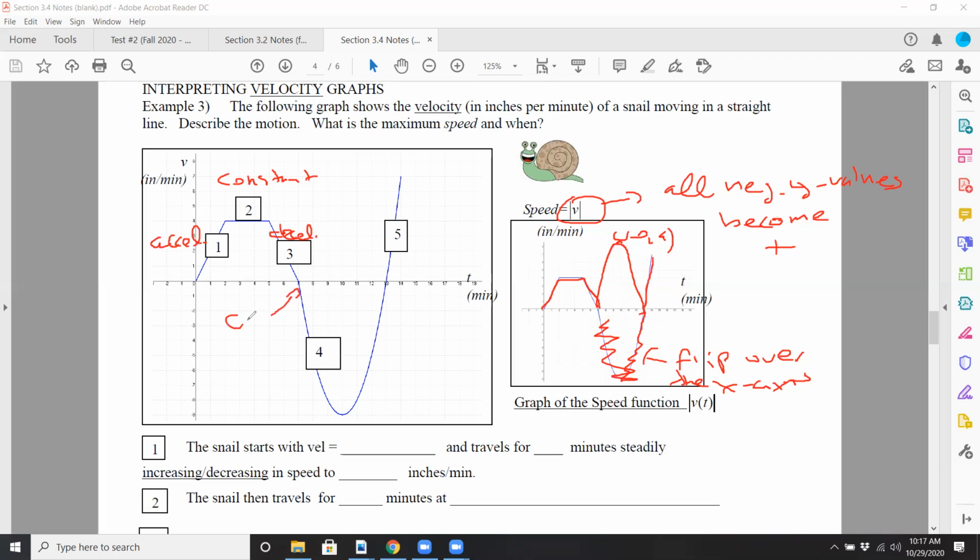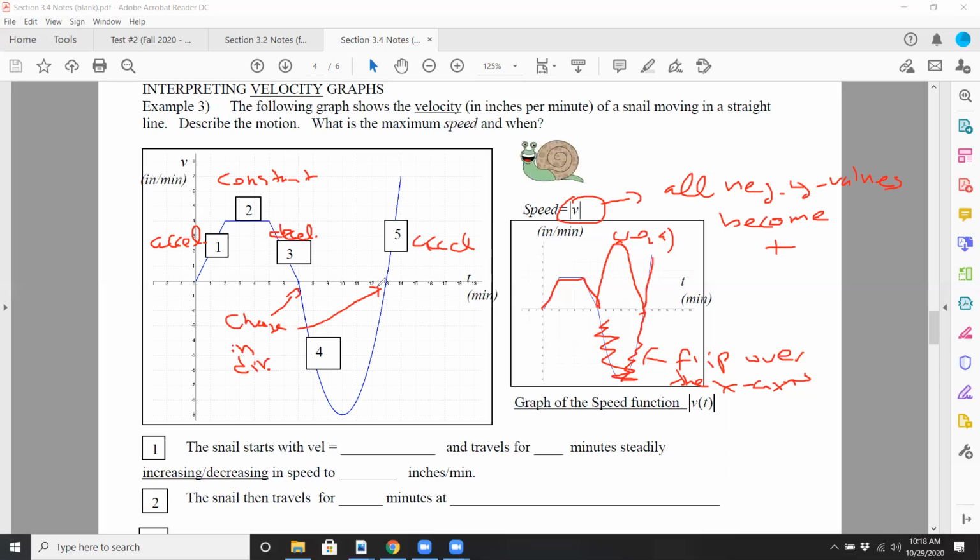Then we have a change in direction. And then, of course, it changes direction over here again. And of course, you have acceleration happening here as well. But that's just to give you a general idea of what is happening. But let's actually go through these examples right now.